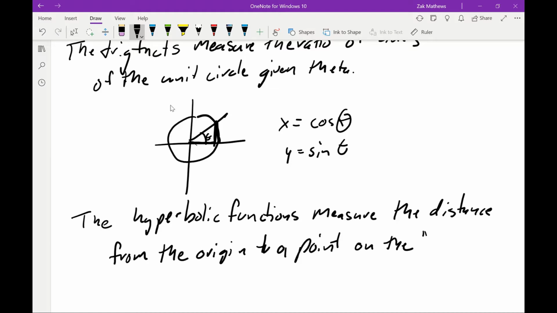I'll put unit in parentheses. Kind of like we measured along the unit circle before, we're measuring it along the unit hyperbola now.